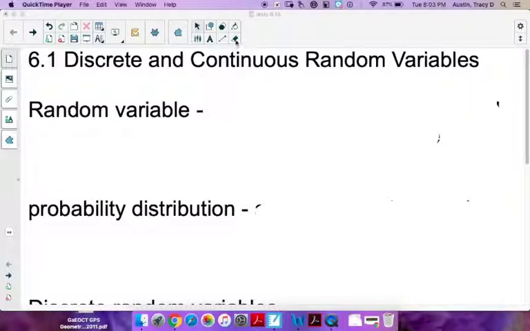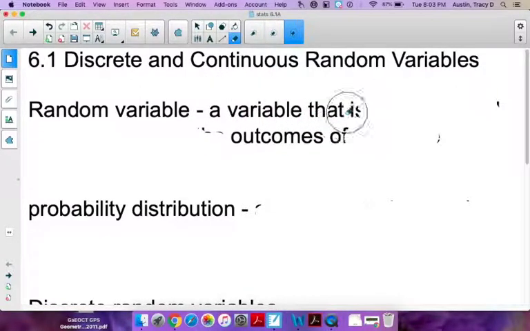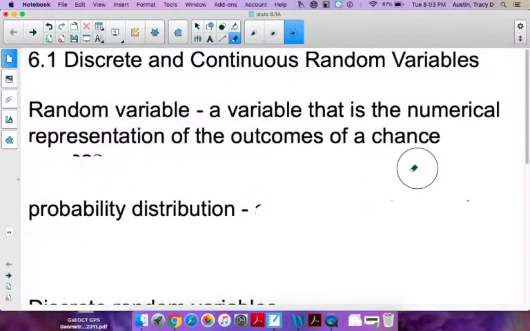Okay, random variable. All right, so a random variable. Obviously, it's a variable. Basically you're assigning a numeric value to the outcomes of a chance process.